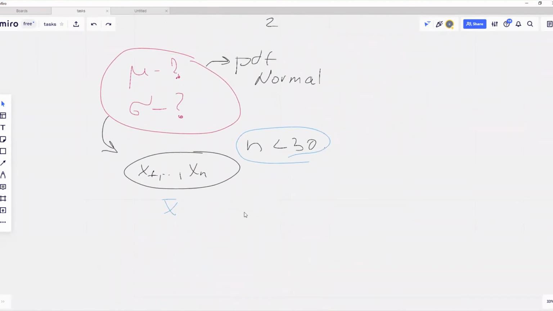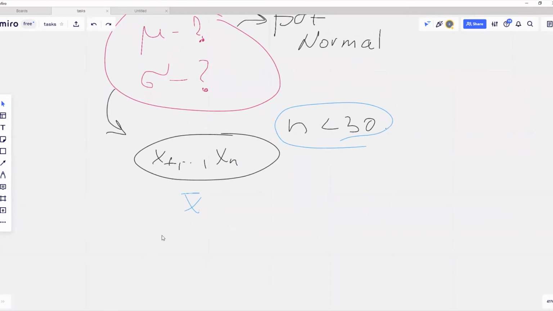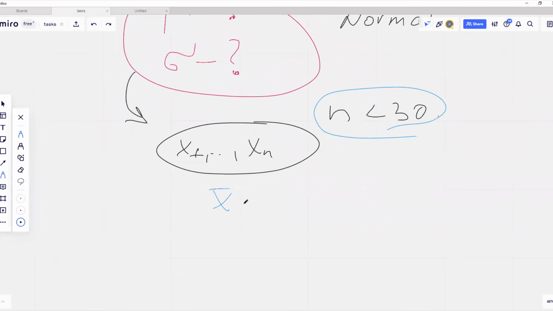So now we have a problem since sigma is unknown, so we cannot use either the central limit theorem or a linear combination of normal random variables. However, it turns out that if we look at the following random variable, X bar minus mu divided by s over root of n, this random variable follows a student t distribution.